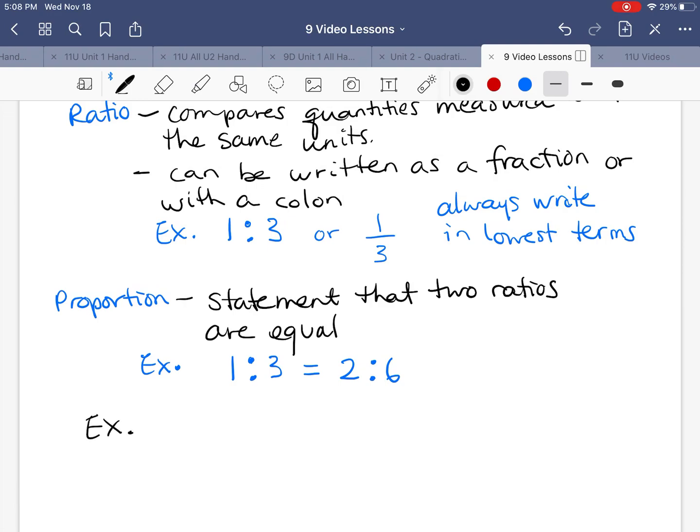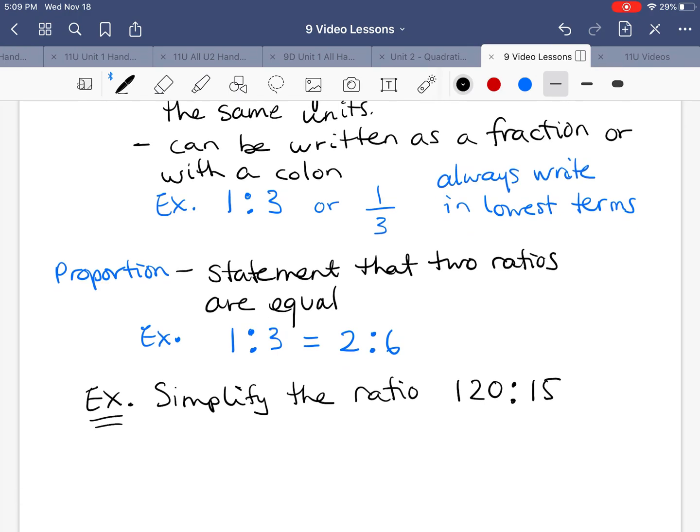So we could be asked to simplify a ratio. So our ratio is 120 to 15. And we do it in the same way we would simplify a fraction. So we want to find the greatest common divisor, and in this case, it's going to be 15.